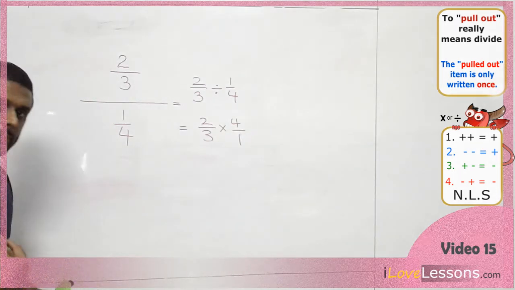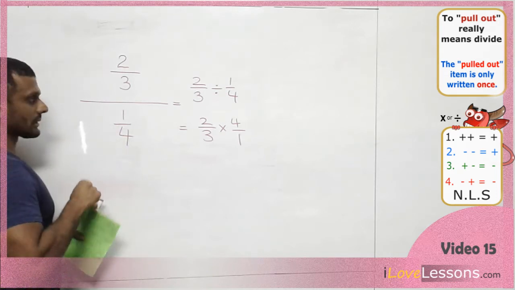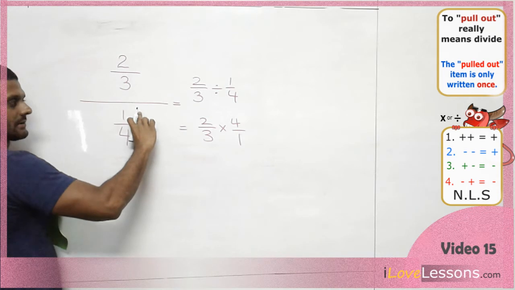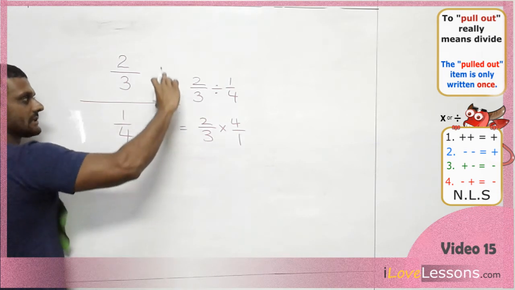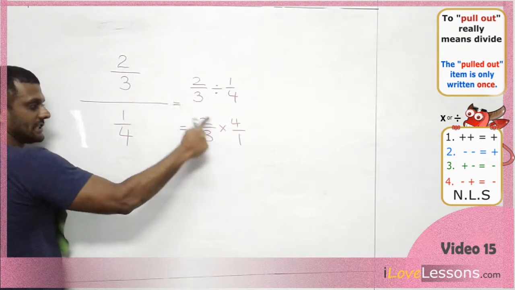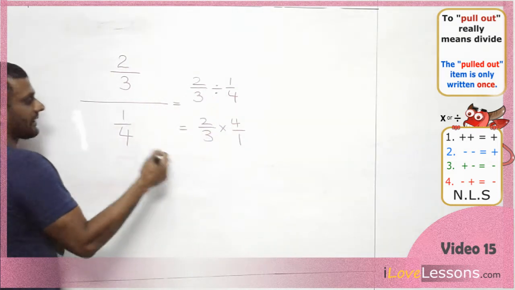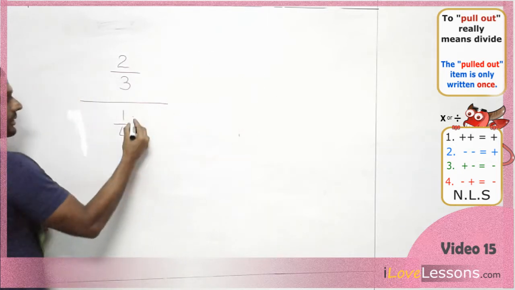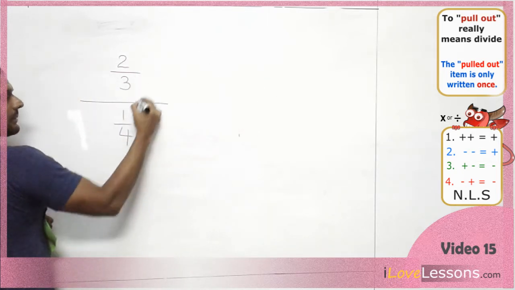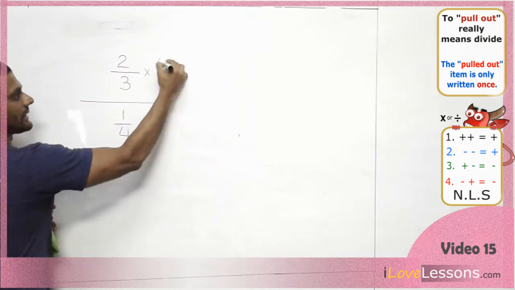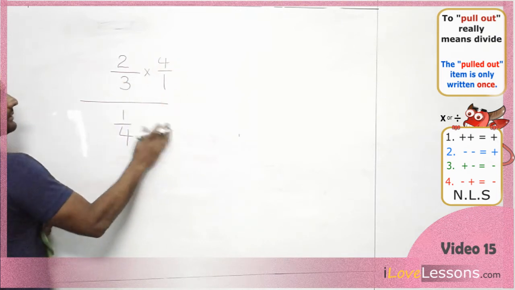Like in one of my past videos, I showed you a shortcut to this. When you're dividing by a fraction, when you bring the fraction on top here, the divide will change to a multiply, and you flip the fraction going on top. So when the quarter goes to the top, the divide will change to a multiply, and you flip this, so you get 4 on 1.